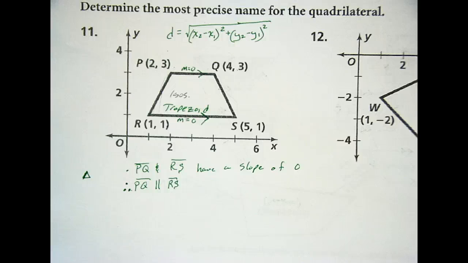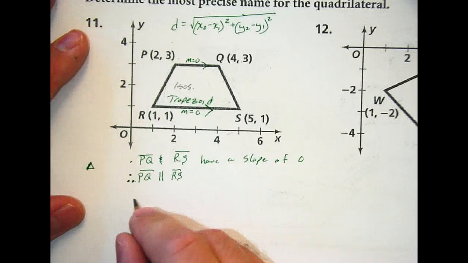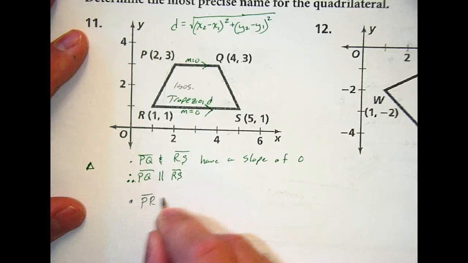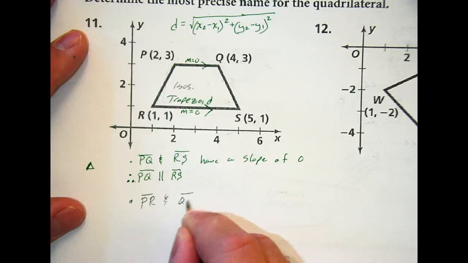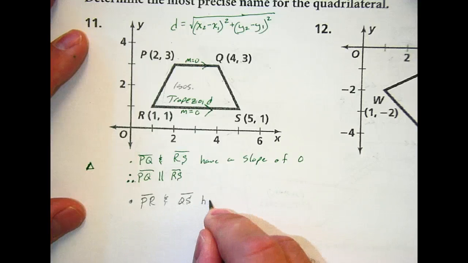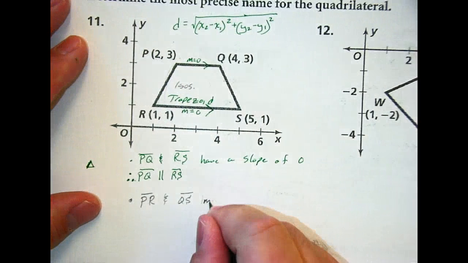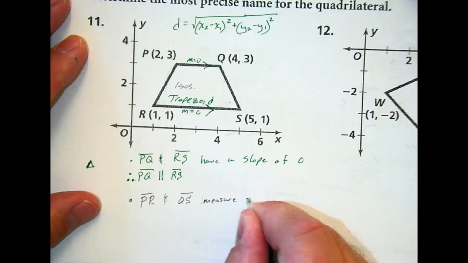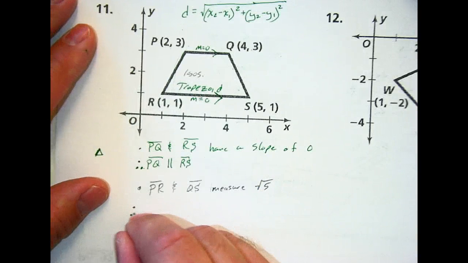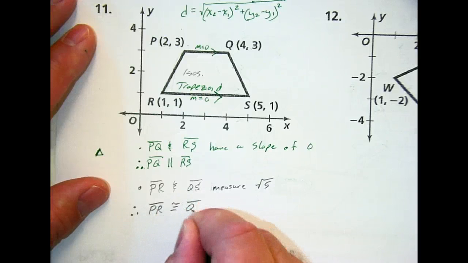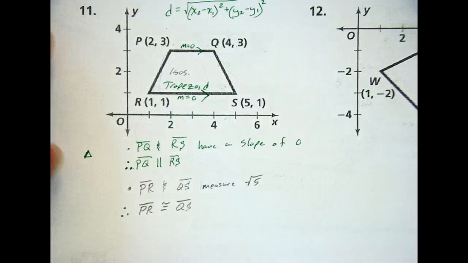We're able to show it because since we know that PR and QS, well, we could just say measure root 5. Therefore, PR is congruent to QS.